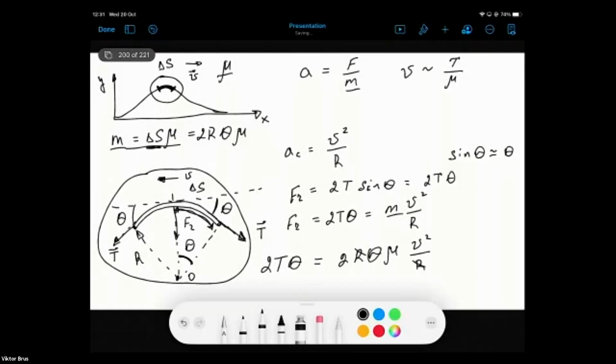Okay, so let's see what we get here. Radius cancels out. Theta and theta cancel out. 2 cancels out. So therefore, from this equation, we get that the speed of spreading of a mechanical wave along a string is equal to the square root of tension divided by linear density mu.